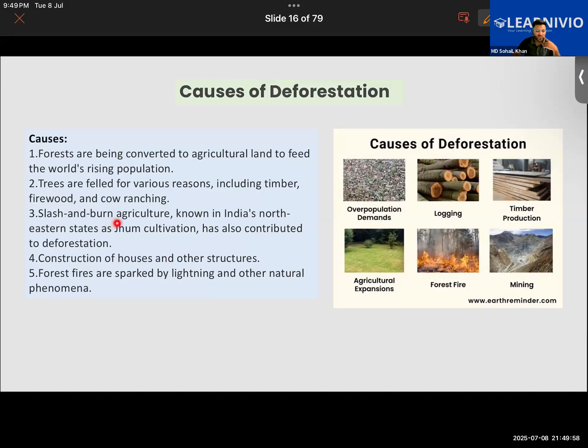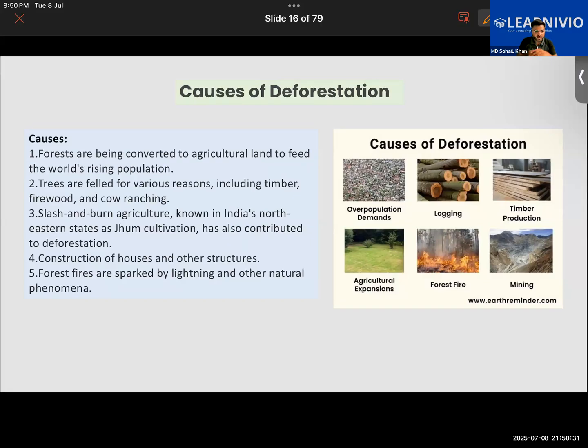Then slash and burn agriculture is also practiced in certain parts of India. What do the farmers do if they have to do farming in a given area? They find a forest and burn down all the trees in that forest. Then they leave that area for a few years so that all the ash mixes into the soil and decomposes.